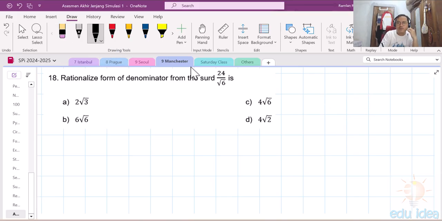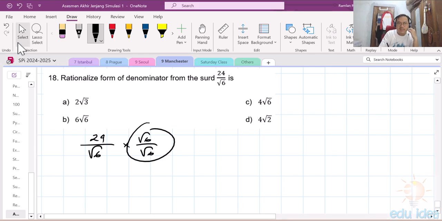Now you have 24 over square root of 6. To get rid of this, you can multiply it by square root of 6 over square root of 6. Again, this is basically just 1, because square root of 6 divided by square root of 6 is equal to 1.